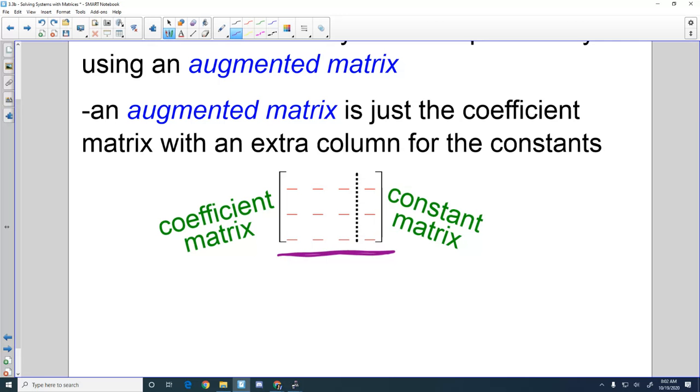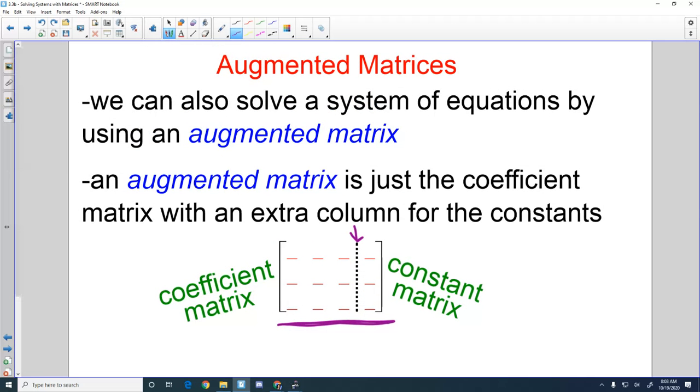I've got a dashed line here to separate the constants from the variables. That's not actually going to be there on the matrix. You really will just have that one extra column. It's called augmented because we're adjusting, altering, combining, adding in this one little piece to it.